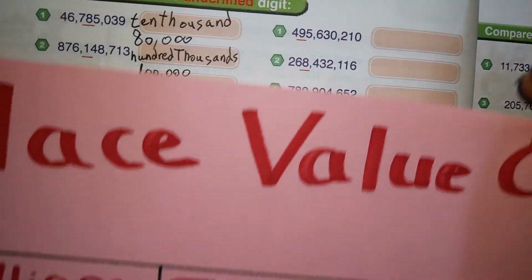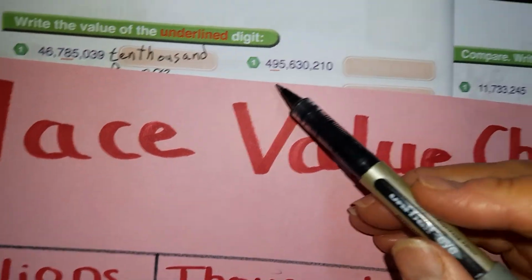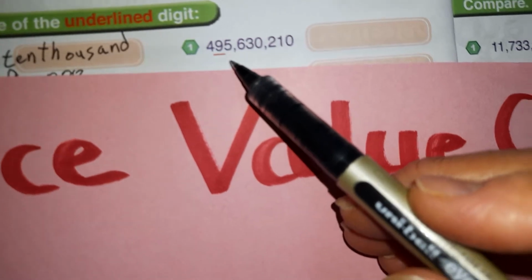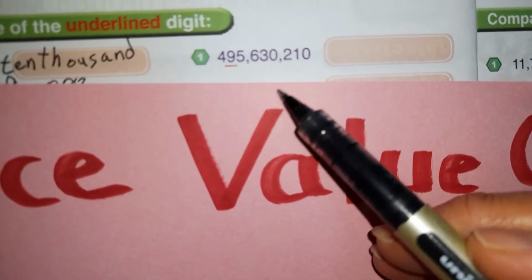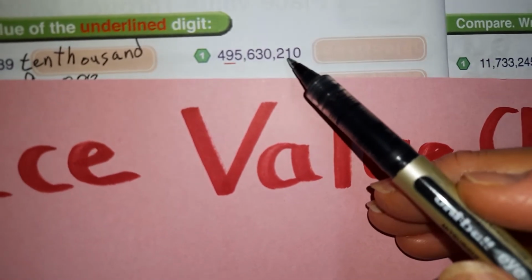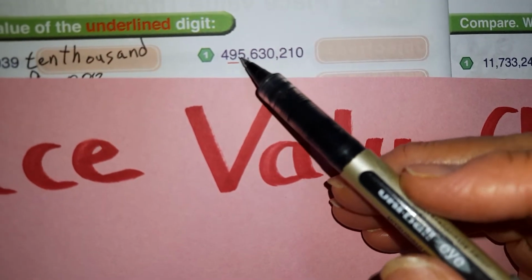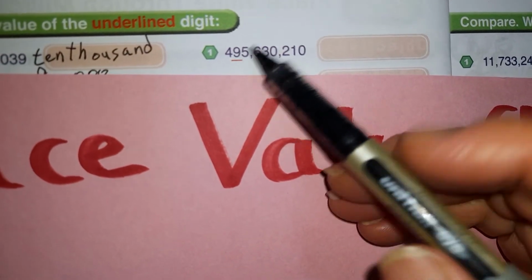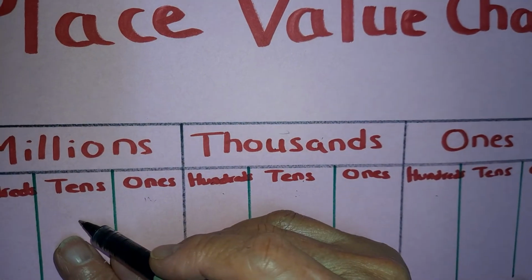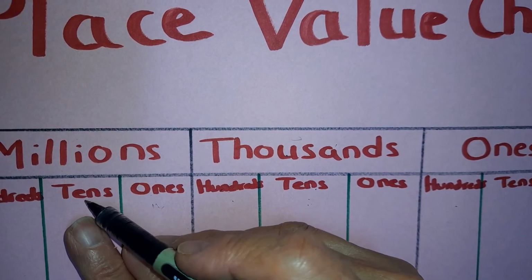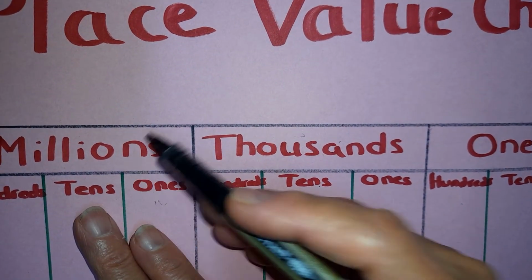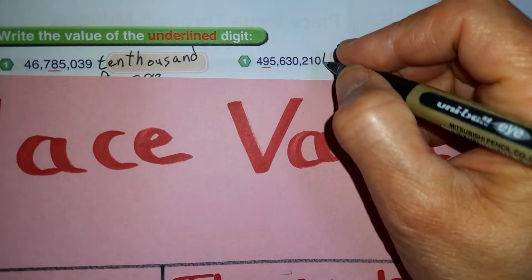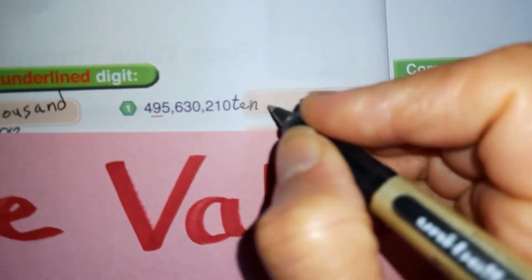Now let's go to this part. Read 495,630,210. 1, 2, 3, 4, 5, 6, 7, 8. 8, it's here. It is 10 millions. So the name of the place is 10 millions.